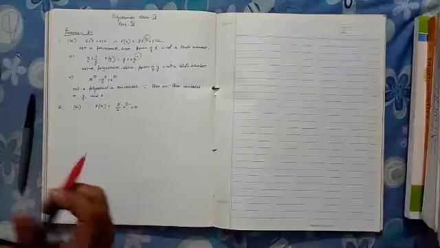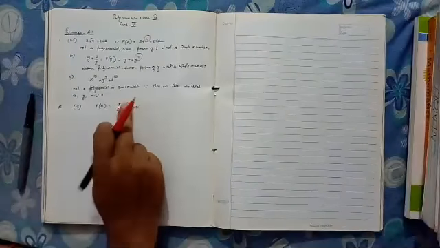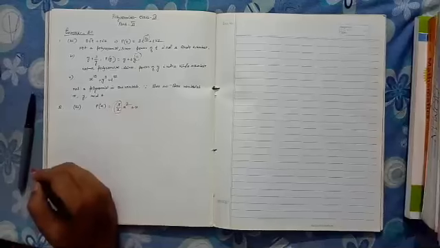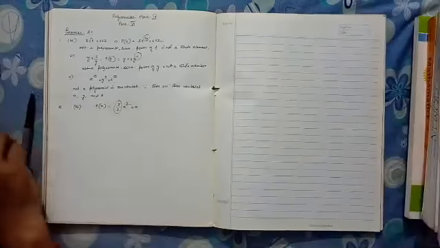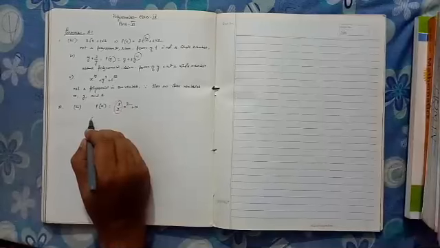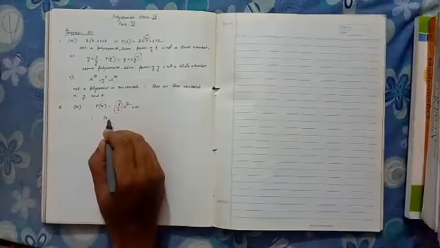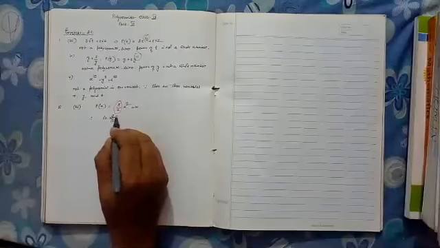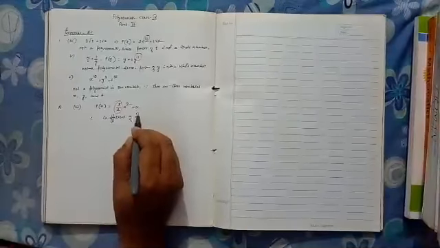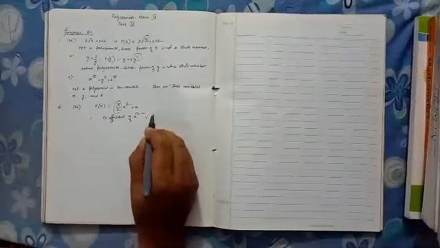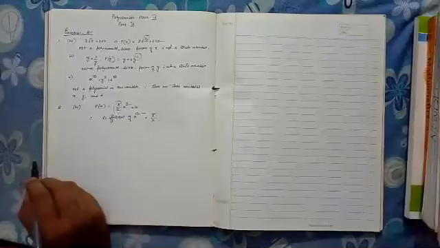So leaving x square, what is there? Pi by 2. So what is the coefficient of x square? Therefore, coefficient of x square is pi by 2.